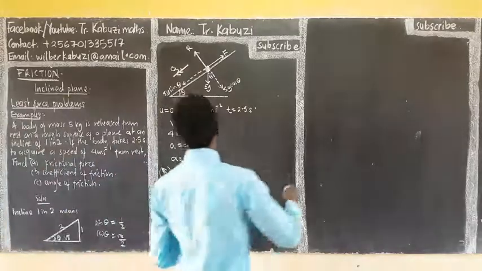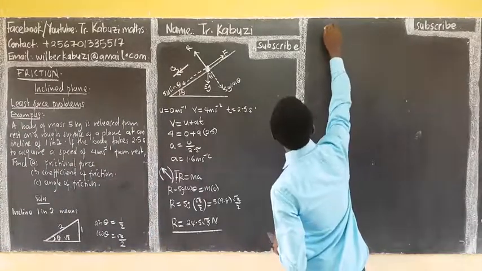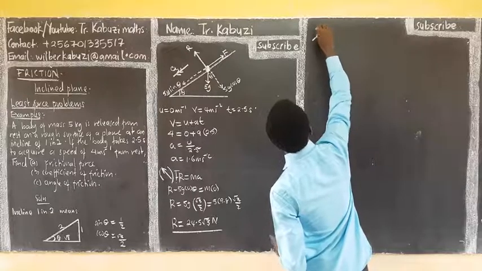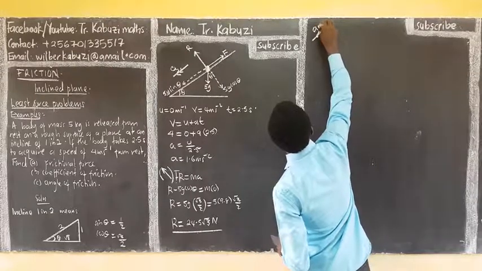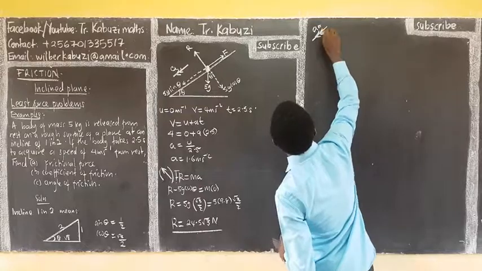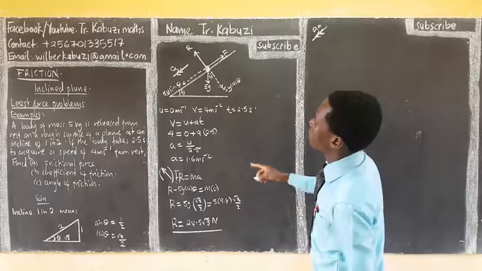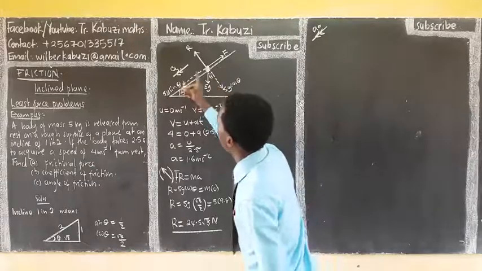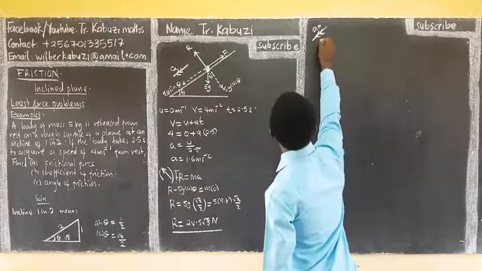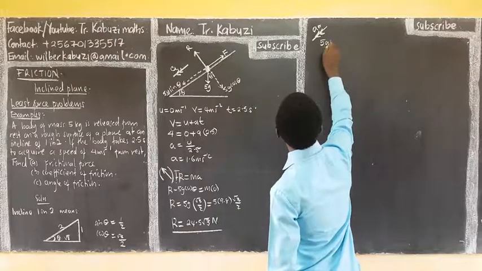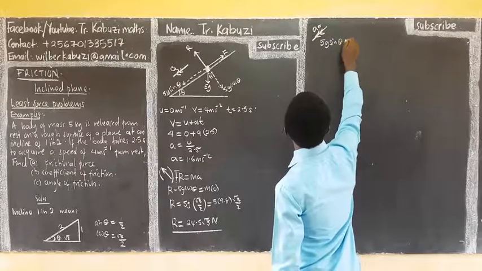So now I solve in the direction of the acceleration, because it's going downwards. So what is pulling it downwards? We have this force of 5g sin theta.